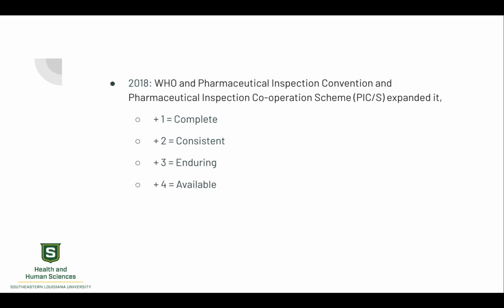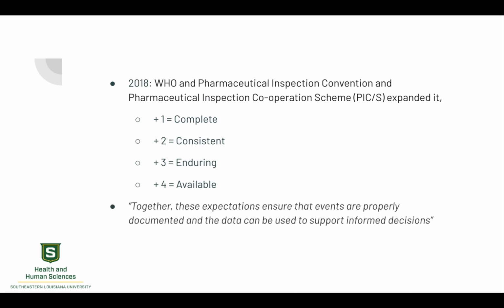So these are the four pluses that were included with the original ALCOA. One of the justifications given for the inclusion is that all of this together, the five before and the four, ensures that events are properly documented and data is used to support informed decisions. So to make sure that everything is up to par, we pay attention to these nine.